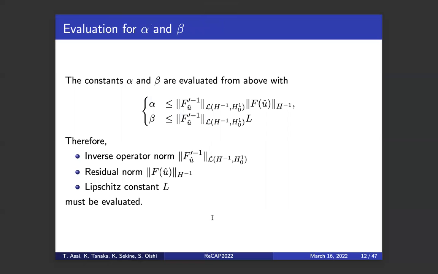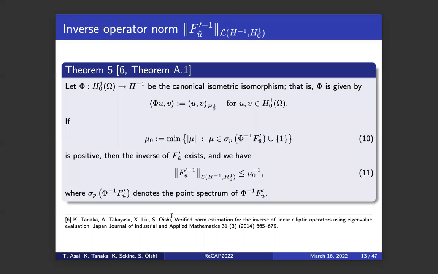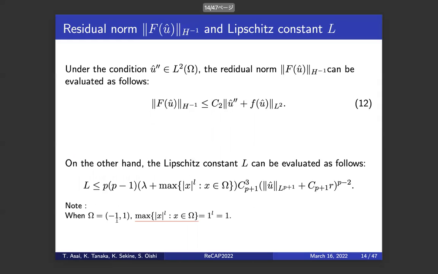And here, the constants alpha and beta are evaluated from above like that. Therefore, these constants must be evaluated. The inverse operator norm is evaluated like that by citing this study, and the residual norm and Lipschitz constants are evaluated like that.